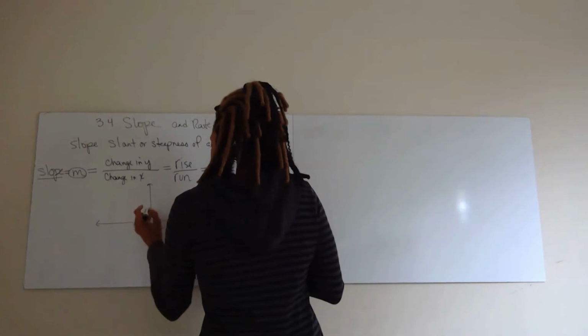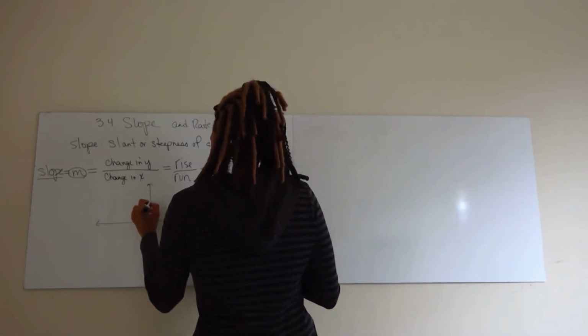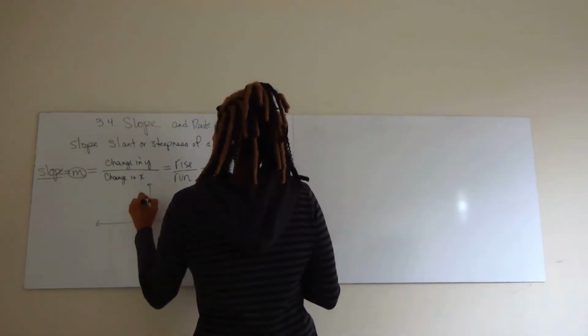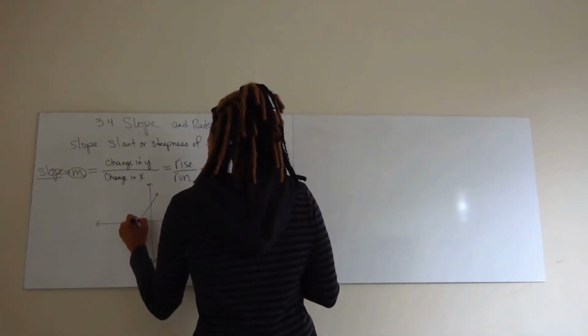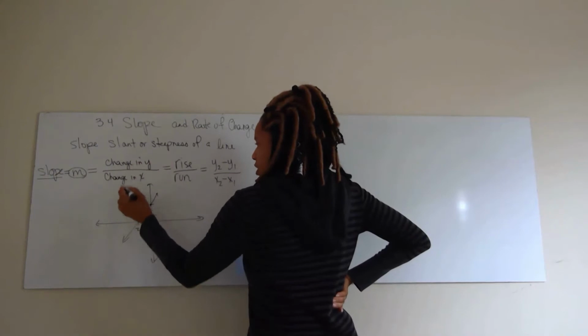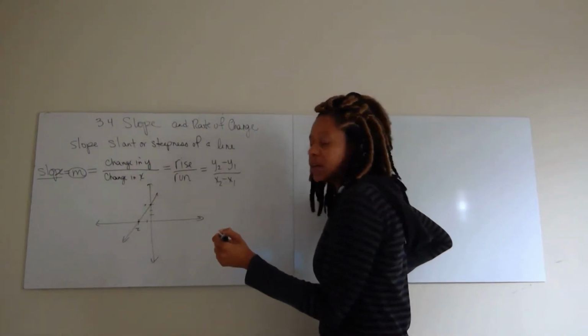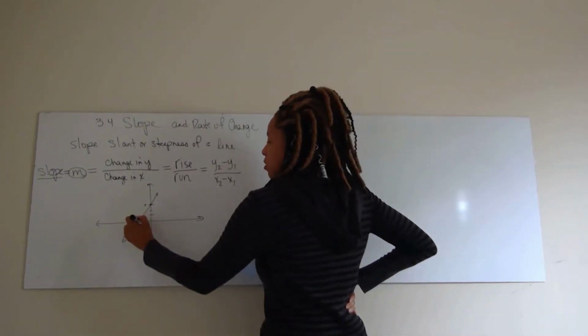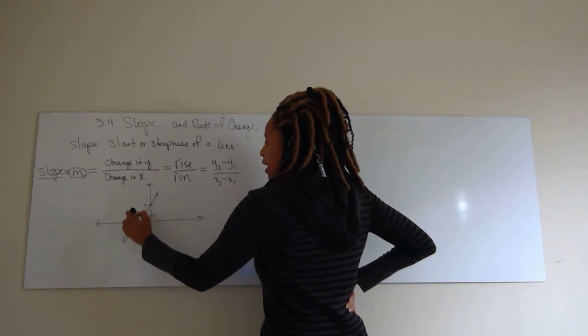So let's look at a problem here. So change in the y's over the change in the x. When you're looking at a slope, what we're looking at is the change in the y's.